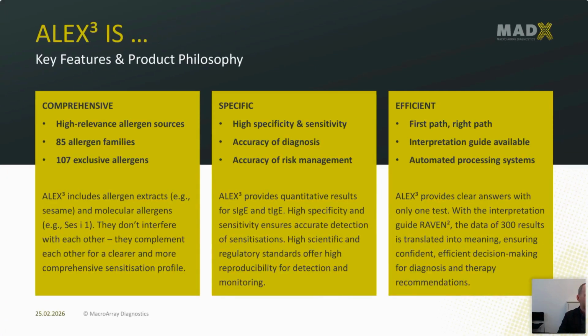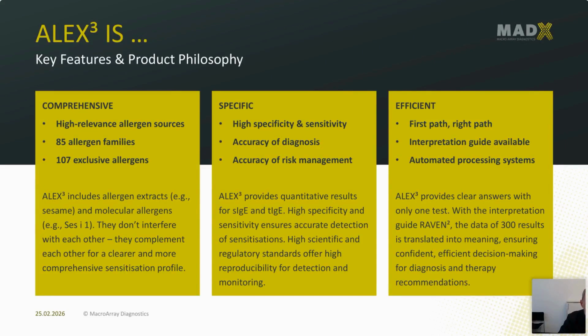Now, if we look at the key features of the Alex 3, we'll see that it's a very comprehensive assay. It contains highly relevant allergen sources from approximately 85 allergen families. The Alex 3 also contains both extracts as well as molecular allergens, which don't interfere with each other. Rather, they complement each other to provide a clearer as well as comprehensive sensitization profile.